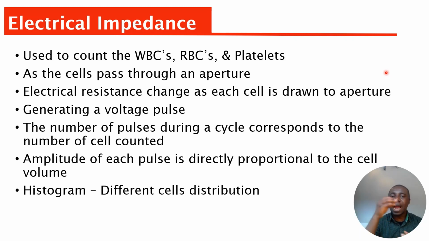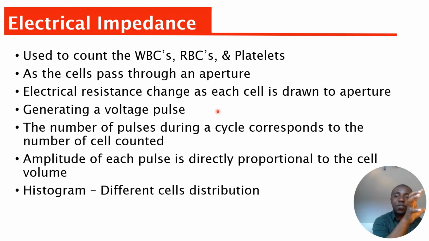As they are passing through these apertures, there's going to be an electrical resistance change. And that electrical resistance change, as the cells pass through the aperture, will generate a voltage pulse. Remember that there are different cells, so there are going to be different pulses.